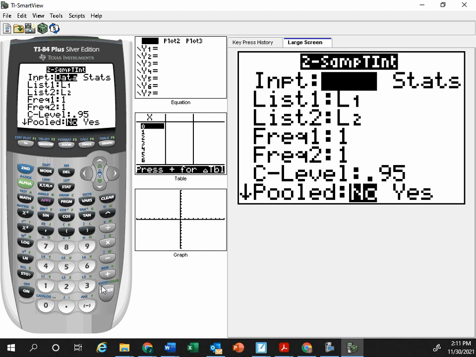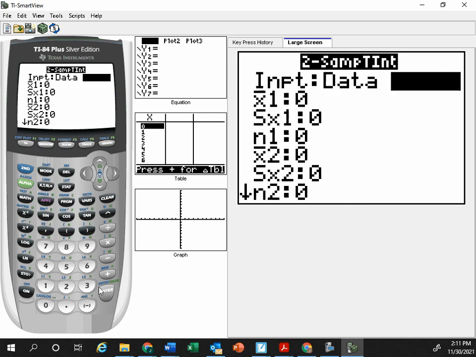Then you have the choice of inputting data or statistics. Data is if you actually have the individual lists, like if we had all the heights from each group. We do not. So we can go to stats, and then you can put in the information we actually have. So X bar of the first group was 66.9.